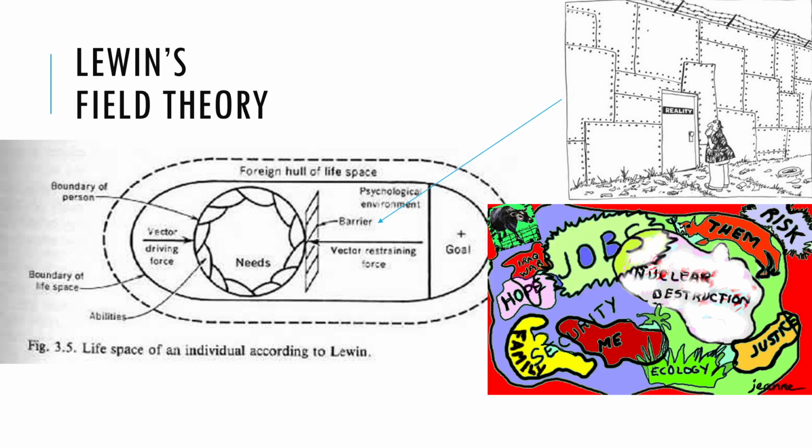Here we have a different take on Lewin's field theory that somebody had submitted to an art competition. What you see here is all these things that are impinging on this artist's psychological environment. You can tell that this is an older artistic rendering because it's got the Iraq War in there, and we're not in that anymore.